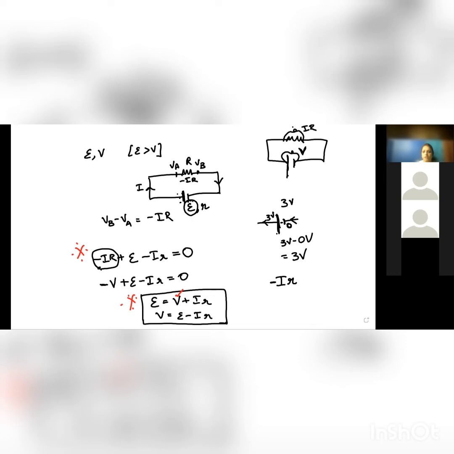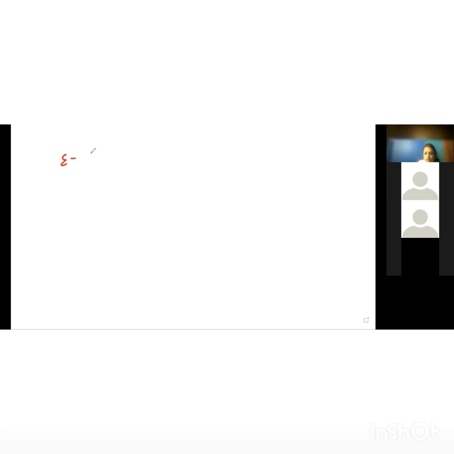We will continue. Now, I clear the board, and there are a few more equations.